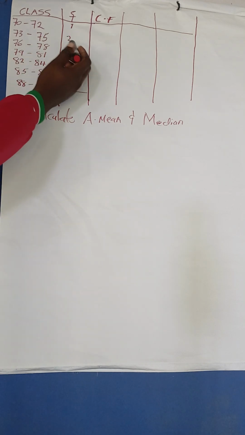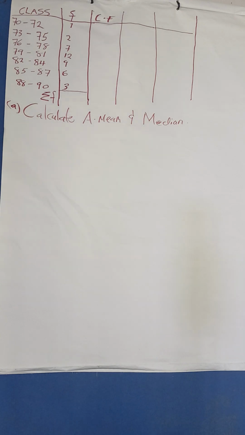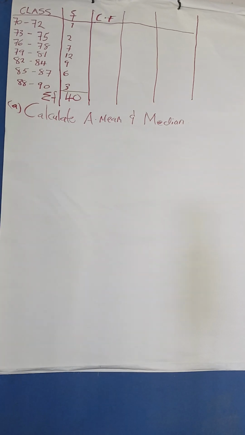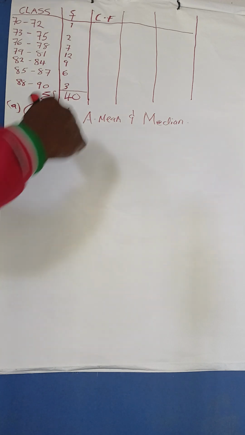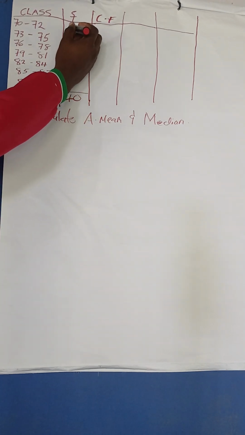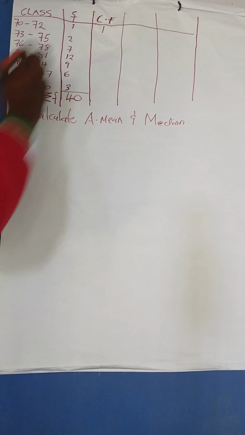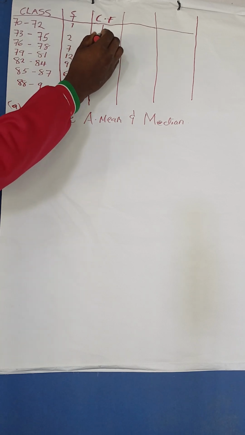So you add 1 plus 2, add 7, then add 12, 9, 6, and 3. You get 40 here. Now we go ahead to get the cumulative frequency. The first figure, 1, you put here. Then 1 plus 2 is 3.